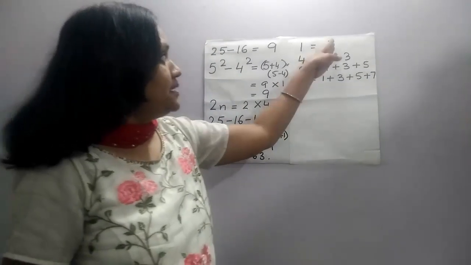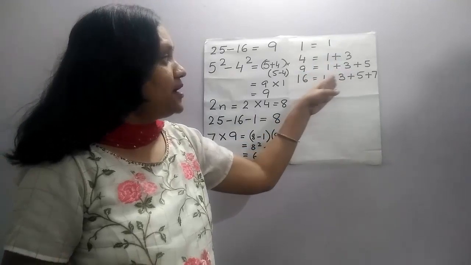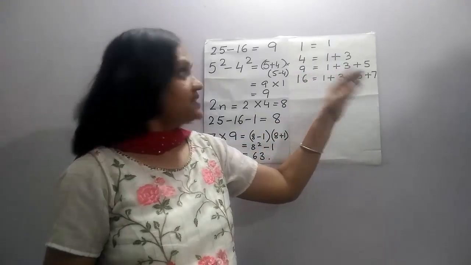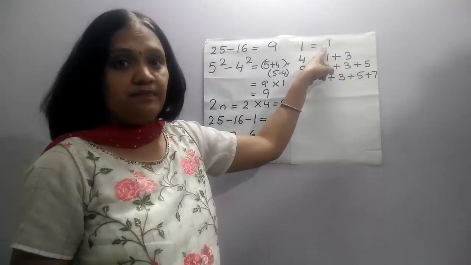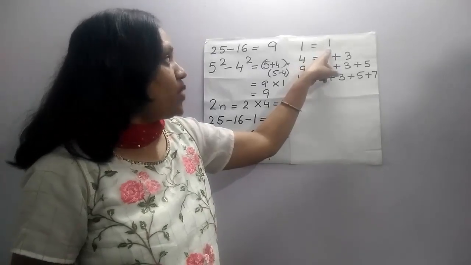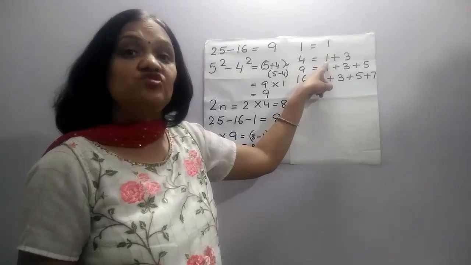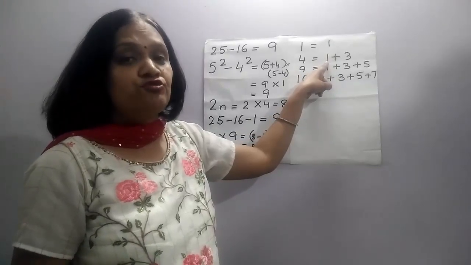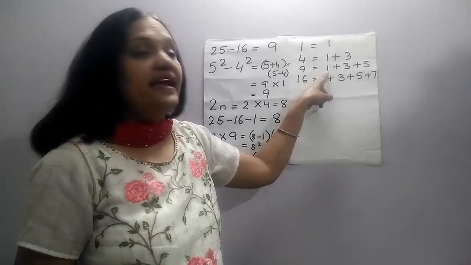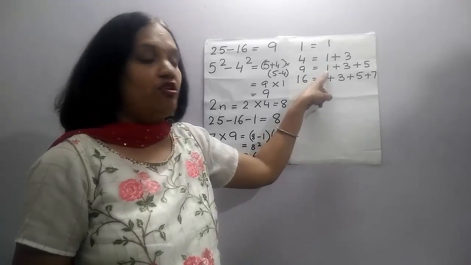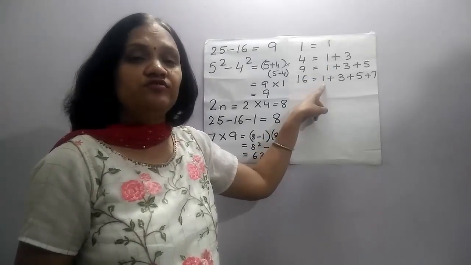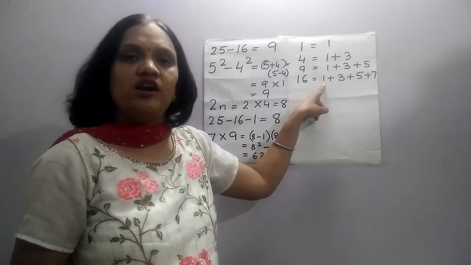Is there any pattern which you can see between these numbers? Yes, they are odd numbers, and 1 is 1, 4 is 1 plus 3, sum of the first two odd numbers. 9 is the sum of the first three odd numbers. 16 is the sum of the first four odd numbers.